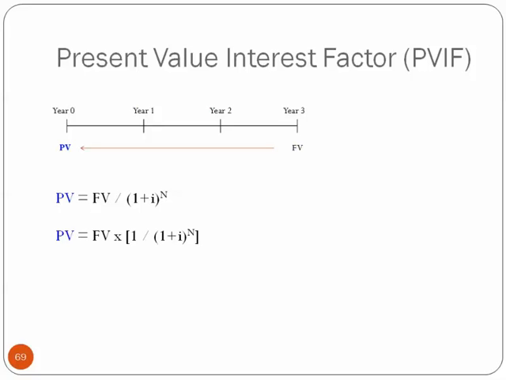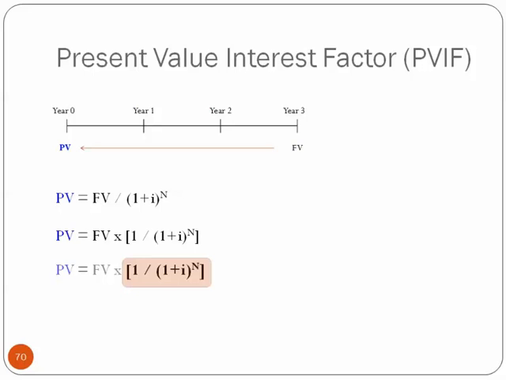We can further break out, if we rearrange this just a little, so it's the future value times 1 over 1 plus i to the nth. We're left with this term in brackets, and that's highlighted, 1 over 1 plus i to the nth. And algebraically, there's nothing changed. We're just rearranging things just a little.